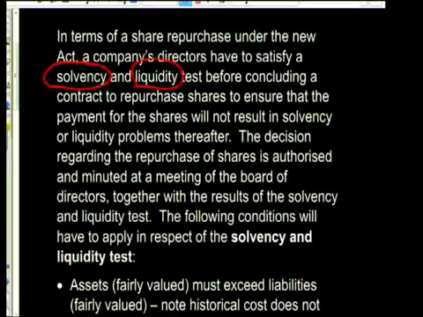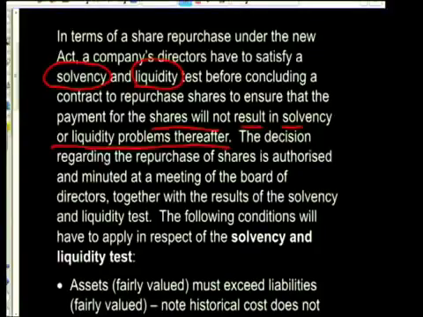Before concluding a contract to repurchase shares, they must ensure that the payment for these shares will not result in solvency or liquidity problems thereafter. In other words, what are we saying? That before a company can repurchase those shares, it must be solvent, one, and two, it must be liquid.